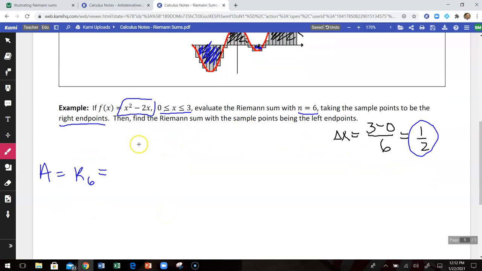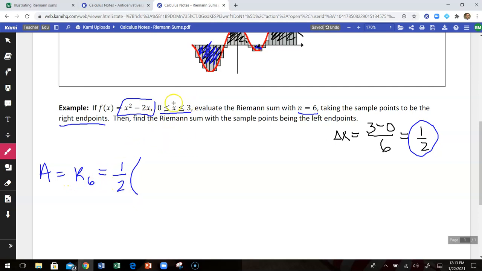I don't need to keep writing 1/2 times the first height plus 1/2 times the next, so I'm going to factor out that 1/2, find the height of each one, and add those together. If I add all the heights together and then multiply by 1/2, that's like doing each individual area of each rectangle. So I'm going to do 1/2, and I'm going to do right endpoints.